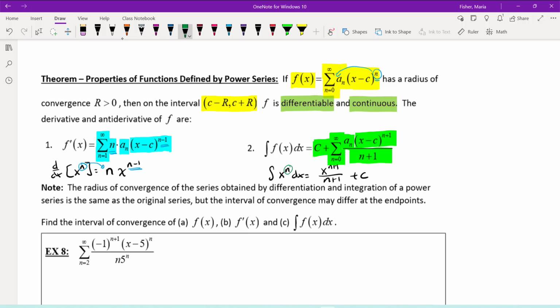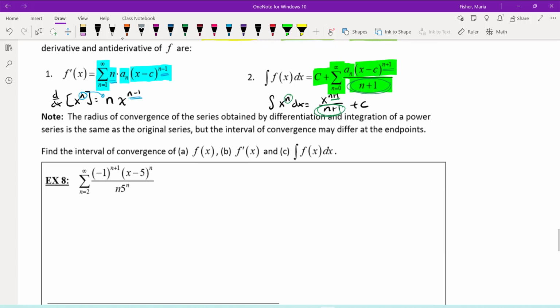We take this guy, we add 1 to it, and then we divide by that number. So what we're going to do is find the derivative and the integral of a power series, and then we also need to find the interval of convergence of the power series, its derivative, and its integral.